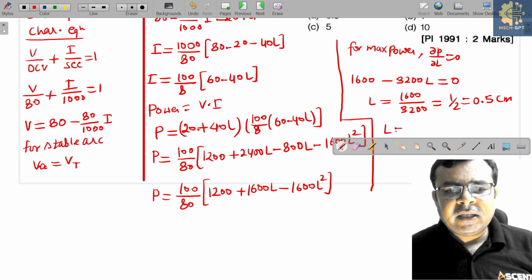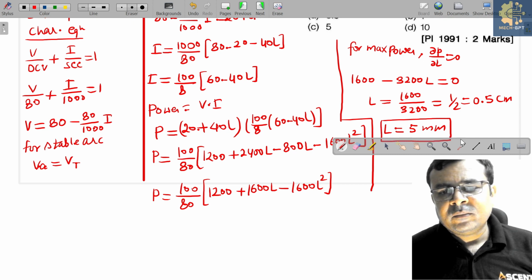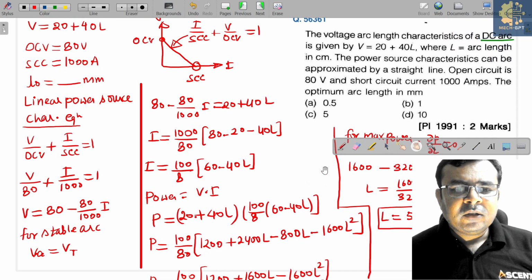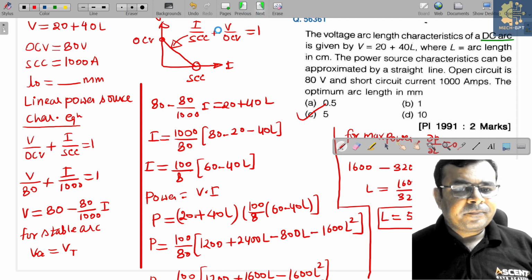Or if you represent this in millimeter, can I say this is 5 millimeter. So this 5 millimeter is the right answer. According to this, the correct option is option C. Is it clear? So like this you can solve this problem.